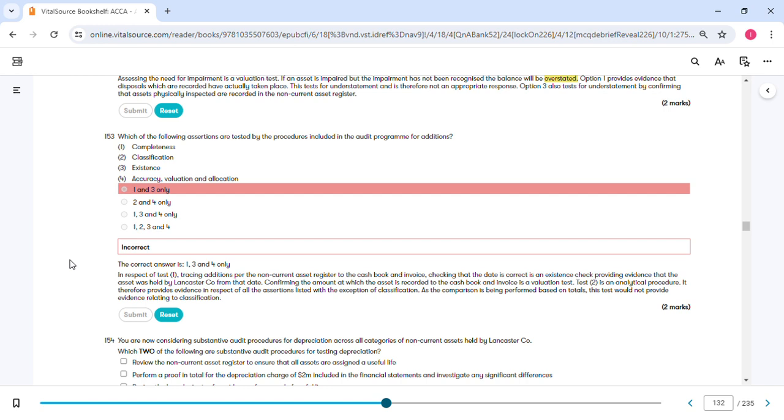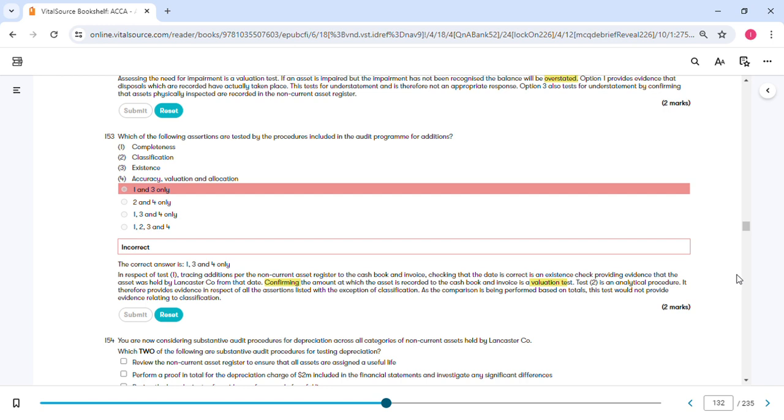Confirming the amount at which the asset is recorded in the cash book and invoice is related to valuation.